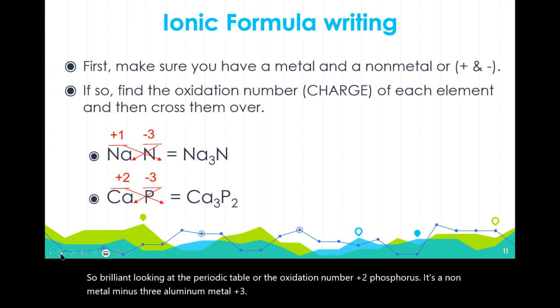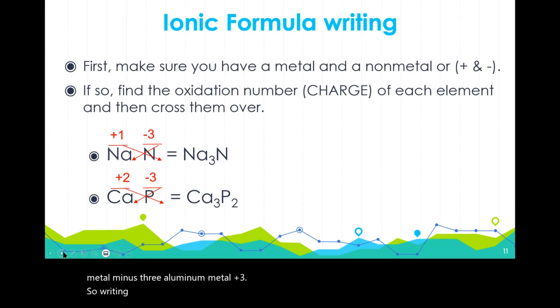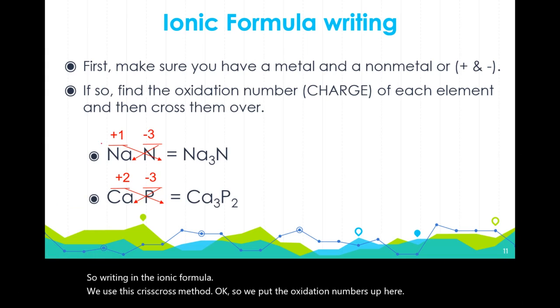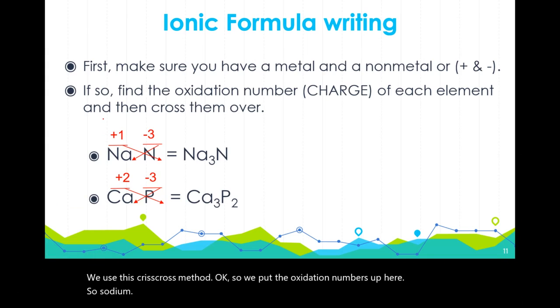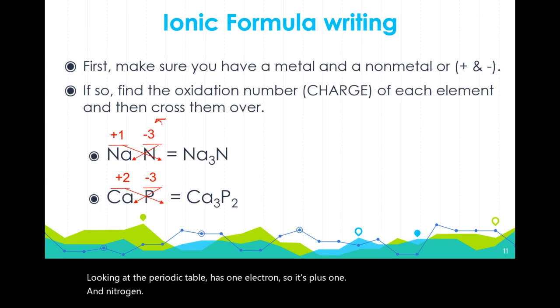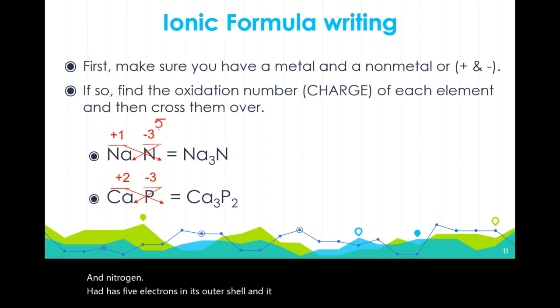All right. So writing the ionic formula, we use the crisscross method. We put the oxidation numbers up here. Sodium, looking at the periodic table, has 1 electron, so it's +1. Nitrogen has 5 electrons in its outer shell, and it wants to gain 3, so it's -3.